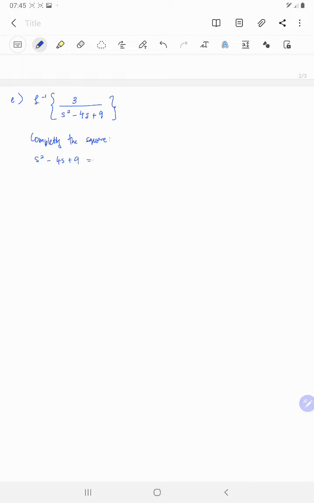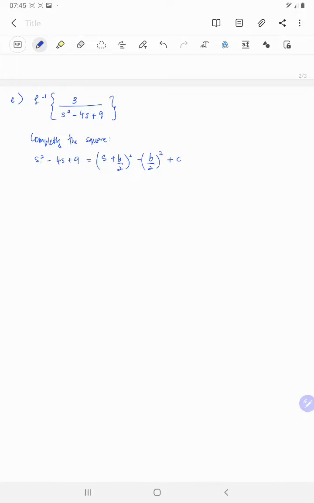Okay, the formula is s plus b over 2 squared minus b over 2 squared plus c. What is b? b is the coefficient of s. c is the constant.